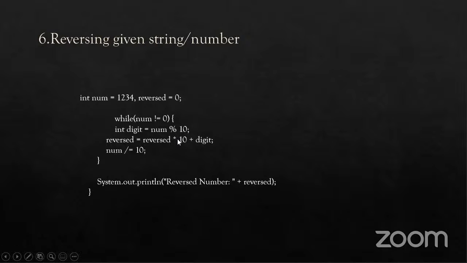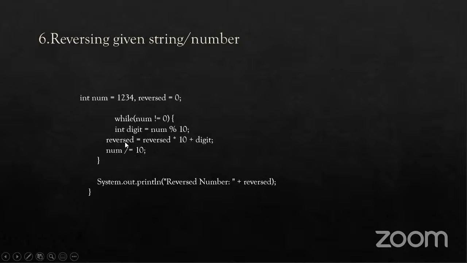Again reverse into 10 plus digit. Reverse is now 4, so 4 into 10 plus 3. 4 into 10 means 40 plus 3, that is 43 we will get.